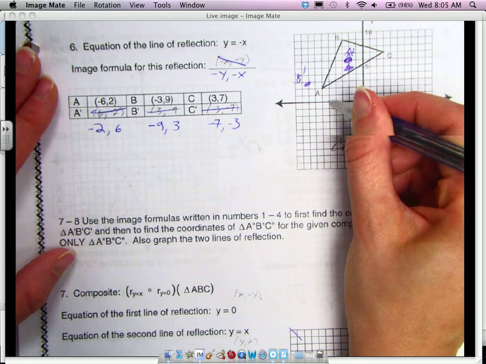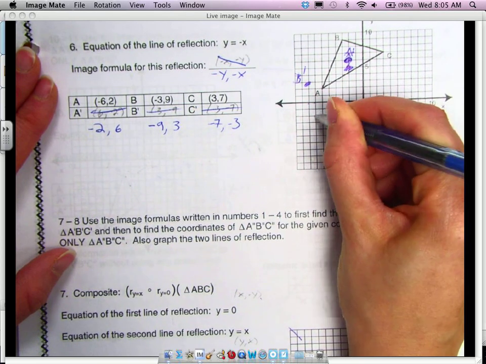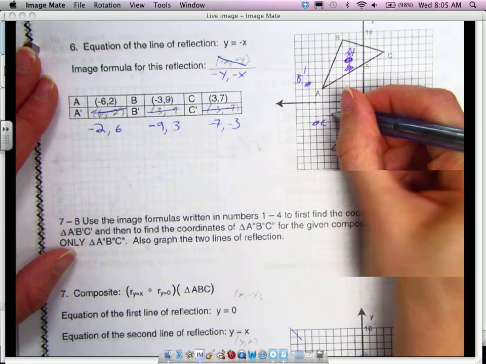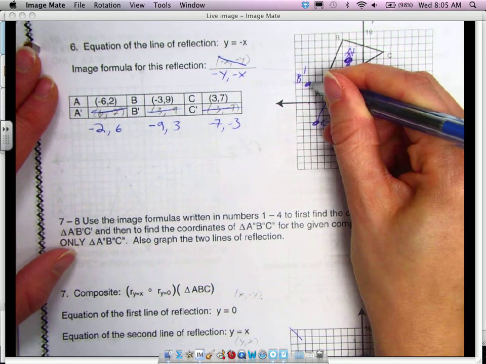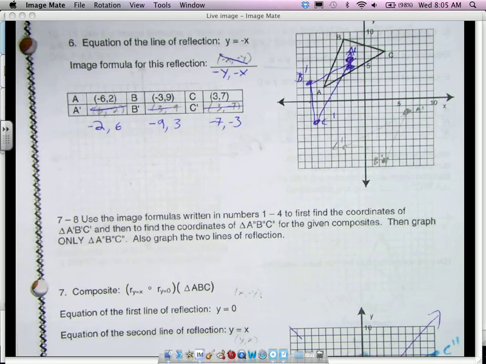Down 3. 1, 2, 3. It's my new C. Does that look better, guys? Good. So those are the correct numbers, the correct graph, and the correct image formula applies.